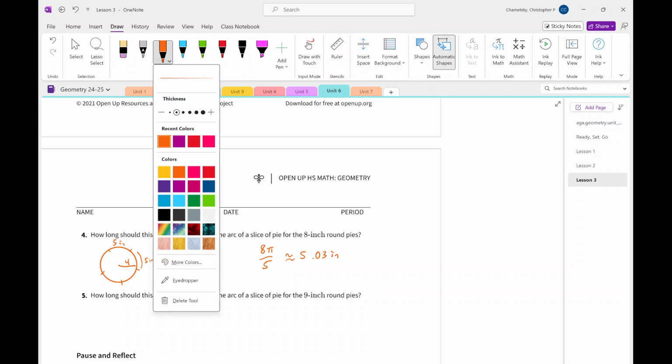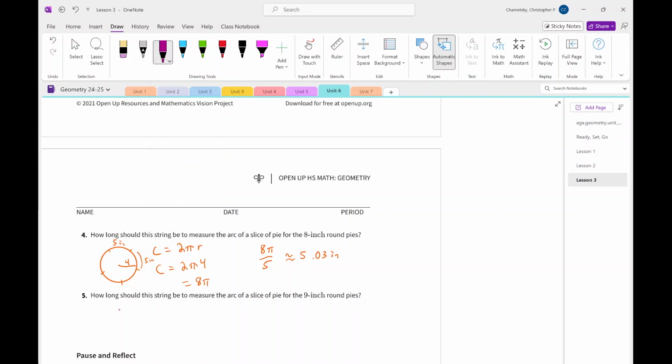All right, let's see what we came up with. So our 9-inch pie, a little bit bigger, has a radius of 4.5. The circumference is going to be equal to 2 times pi times 4.5, or basically 9 pi.